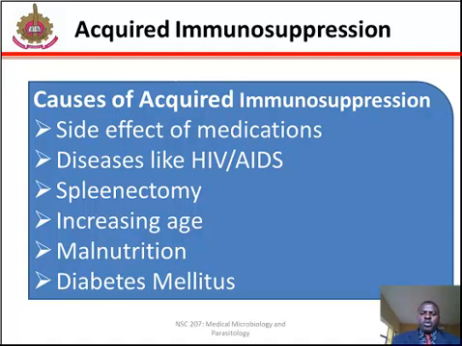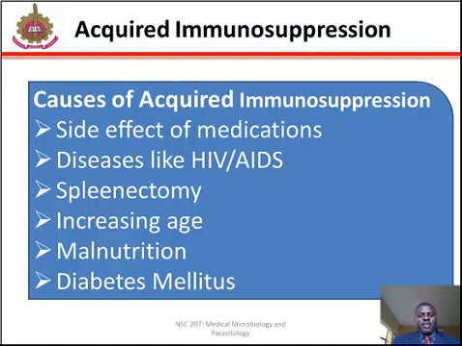Malnutrition is a factor. If there is no adequate nutrition intake, there will not be enough materials to build up this immunity, because they are proteinous in nature. So this person who is malnourished will be immunosuppressed, as this immunity will not be developed.